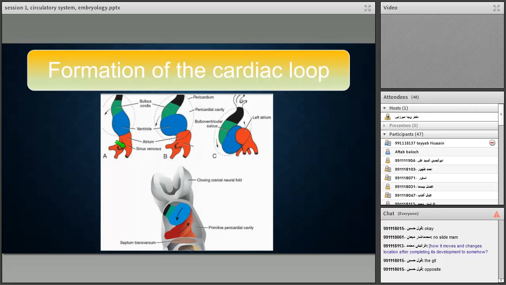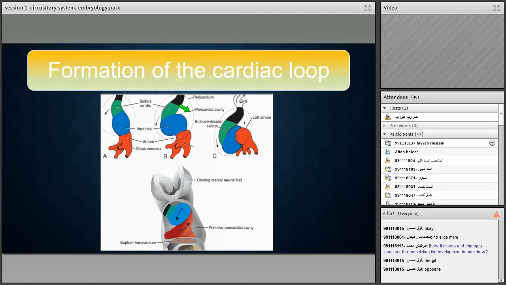By this looping, the atrial portion is moving inside the pericardial cavity. You can see in this slide.